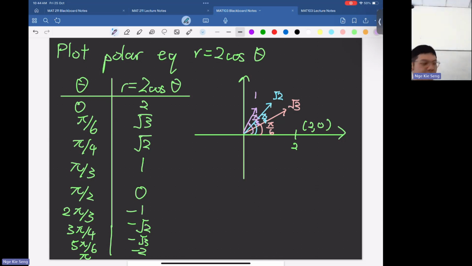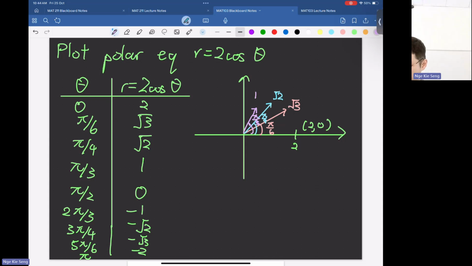What happened at pi over 2? A very important point to note in polar coordinates are these four important angles: 0, pi over 2, pi, and 3 pi over 2. When you are at the angle of pi over 2, where are you?